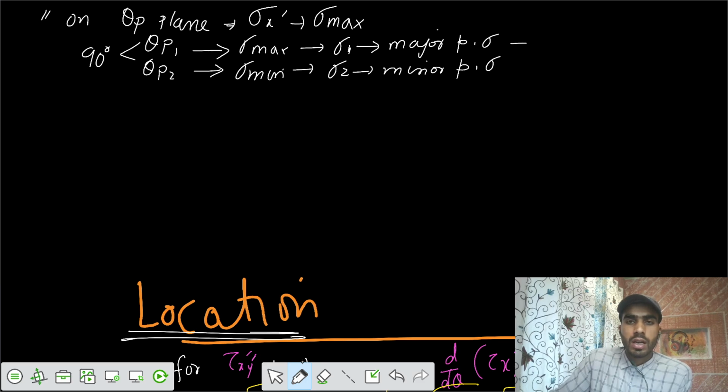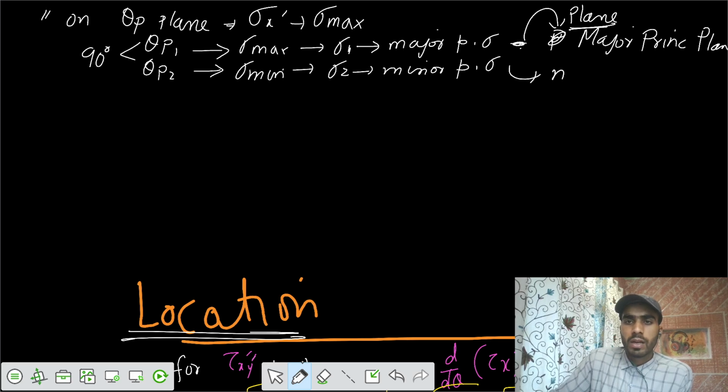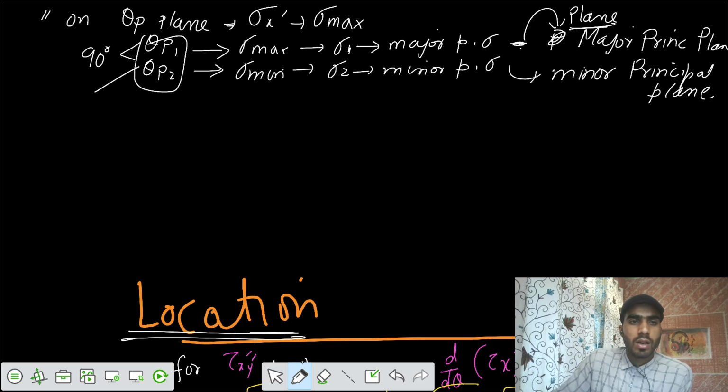The plane on which the major principal stress acts we call the major principal plane, and similarly the plane on which the minor principal stress acts we call the minor principal plane. We know that on these two theta p planes, we have tau equals 0. Shear stress is 0 on these two principal planes.